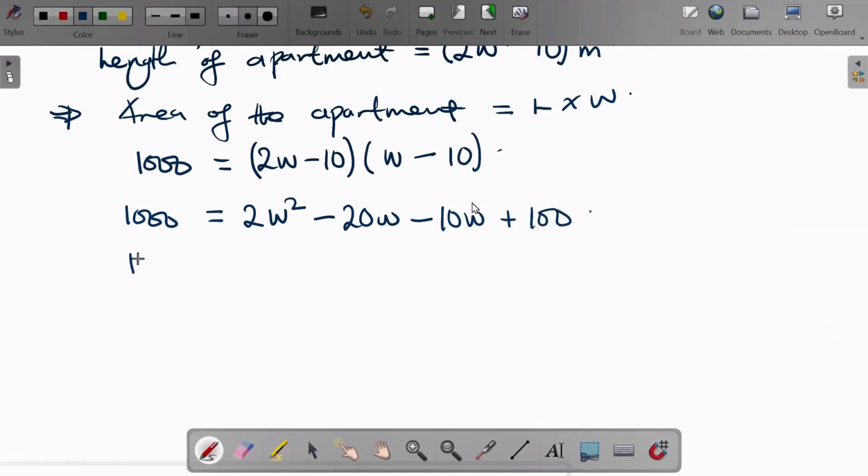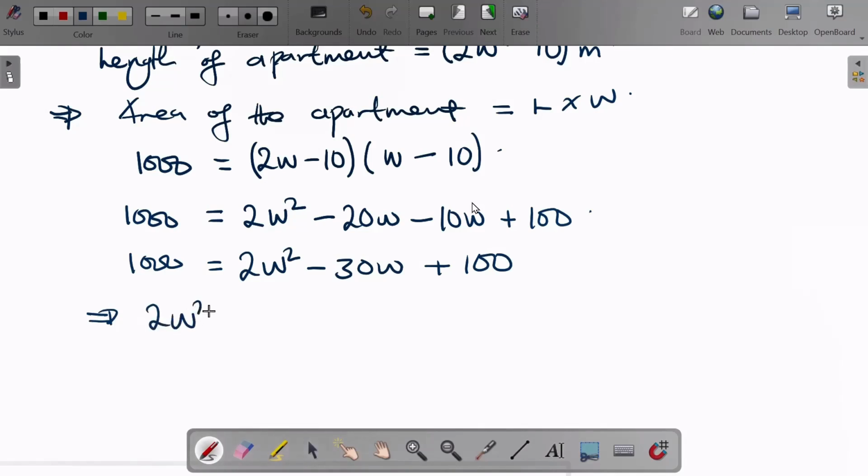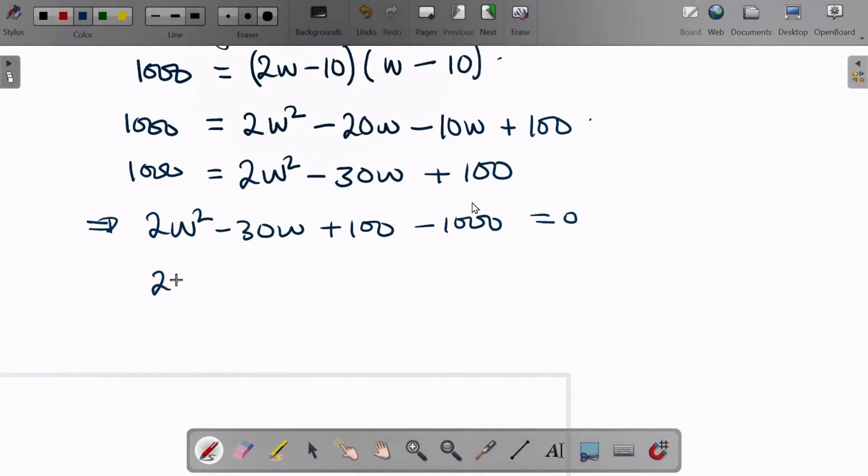We have 1000 equals 2W squared minus 30W plus 100. Let us collect like terms and form a quadratic equation. This implies that I'm going to have twice W squared minus 30W plus 100 minus 1000 equal to 0. This is the same as having twice W squared minus 30W minus 900 equals 0.